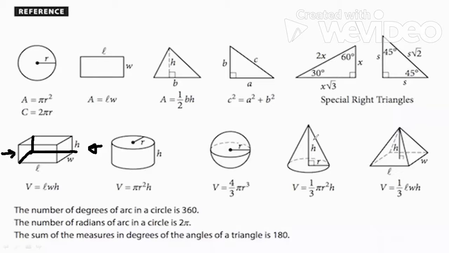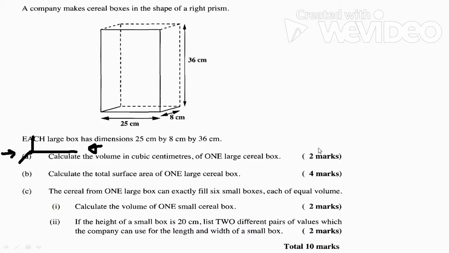Having observed all of that, let us go back to the question. It says a company makes cereal boxes. By the way, would you agree with me that a cereal box is a cuboid?